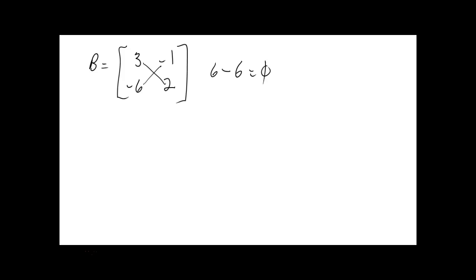Multiply the top row by negative 2, you get the second row. Those are dependent. They're not independent of each other. So no, that's not going to have an inverse. Matrix B, that determinant is 0. So you have a non-invertible matrix, which we also call a singular matrix. All right, now that we've played around some with inverses, let's look at some properties of inverses.